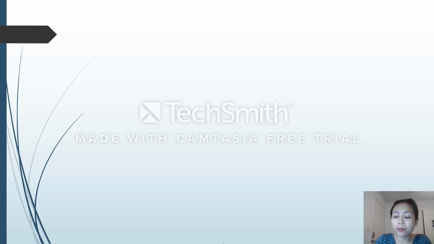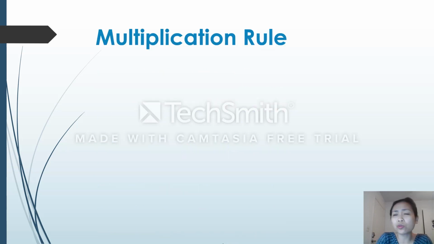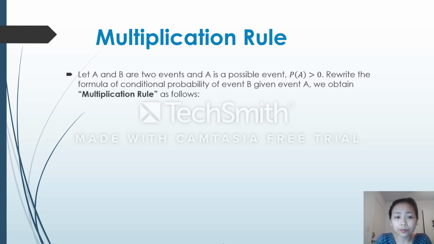Multiplication rule is very simple. It's almost identical to conditional probability; we just rewrite the formula. Let A and B be two events, and A is a possible event.